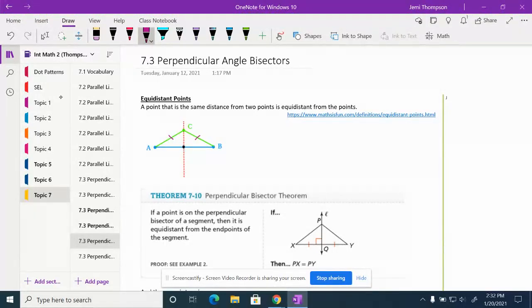And that happens when this dashed red line is perpendicular to line AB. And when that happens, any point on this line is going to be equidistant from A and B, which is where we're going to get to in the theorem here. So equidistant just means equal distance.